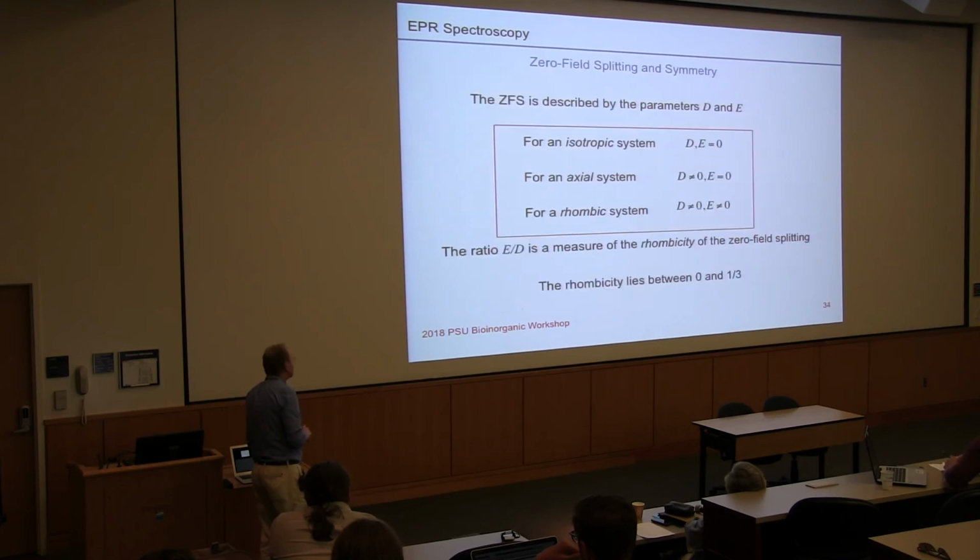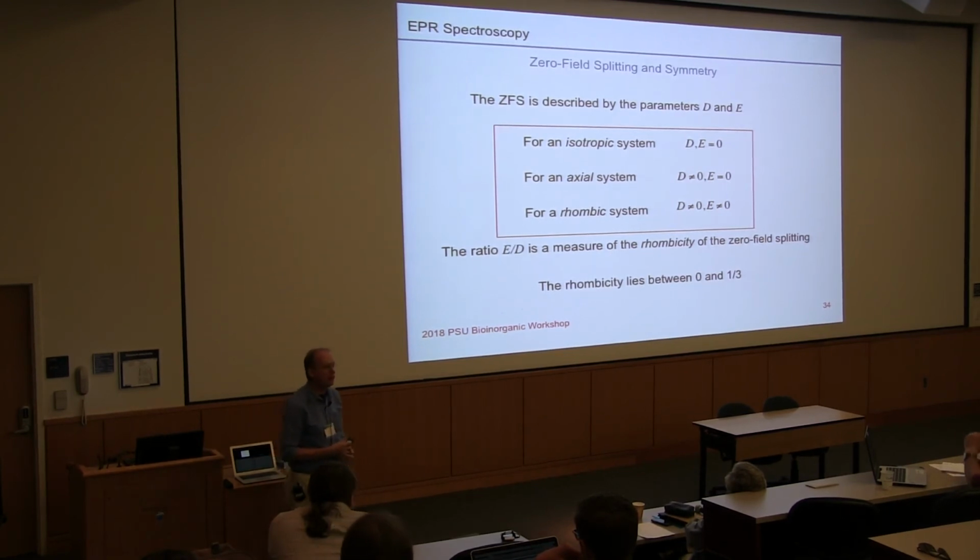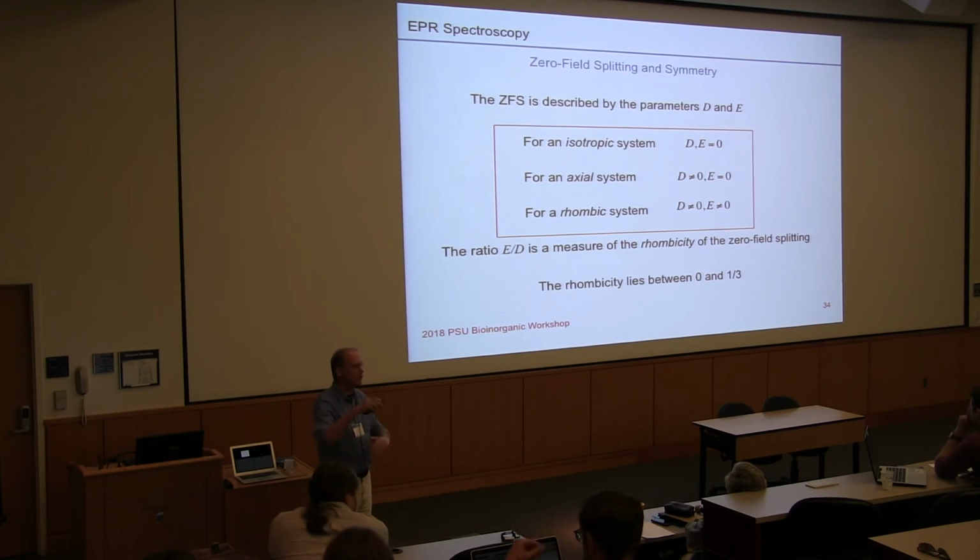Okay, so how do we describe this interaction? This is known as the zero field interaction because it occurs, of course, at zero magnetic field. We see this splitting of the m sub s levels even though there's no magnetic field present.